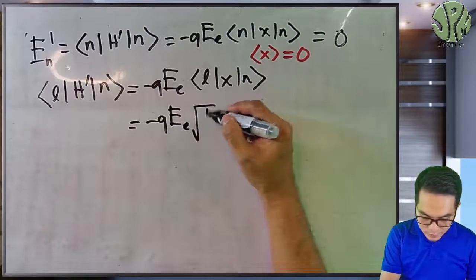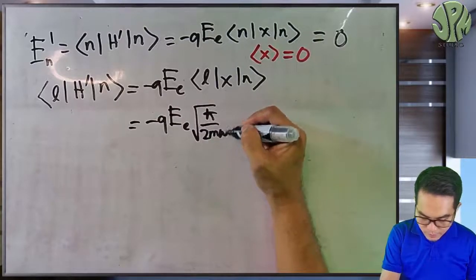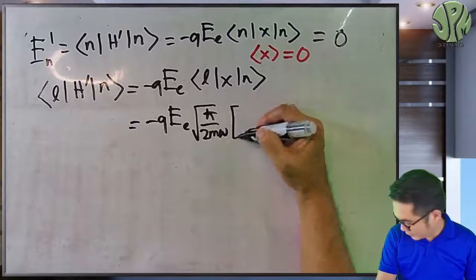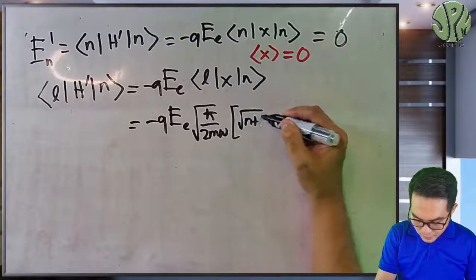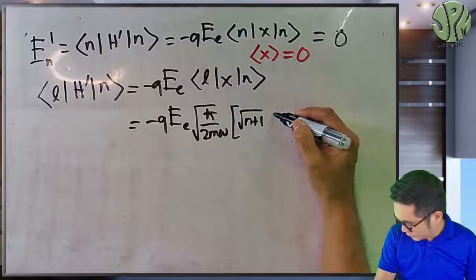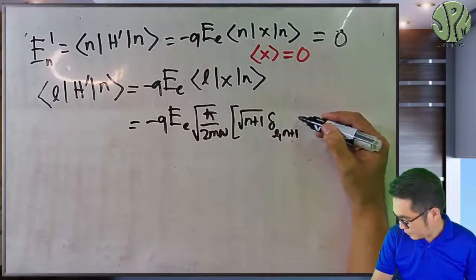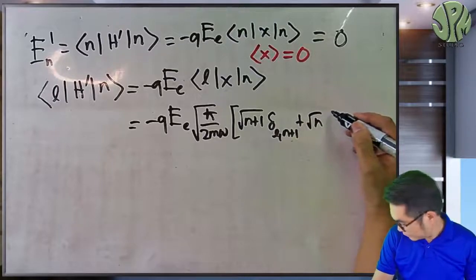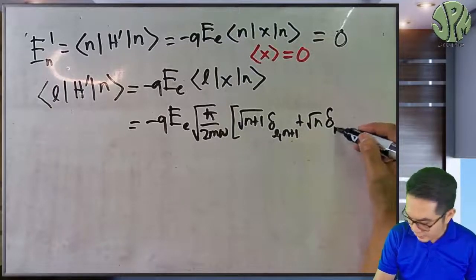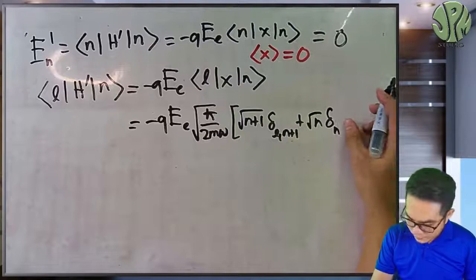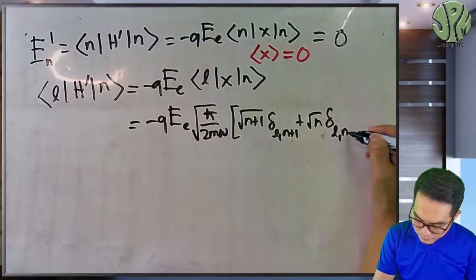So you have a factor of h bar over 2m omega, and then you will have square root of n plus 1, Kronecker delta L, n plus 1, plus square root of n, Kronecker delta of L, n minus 1.